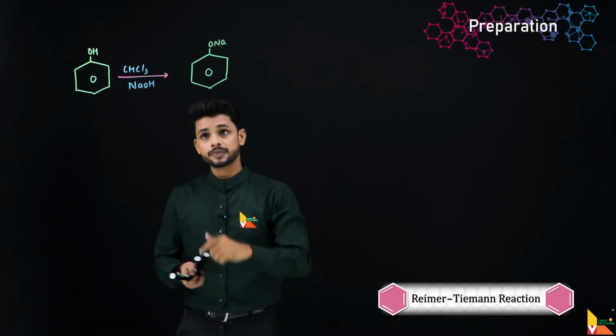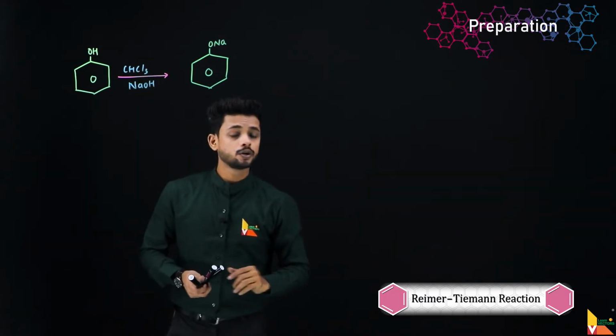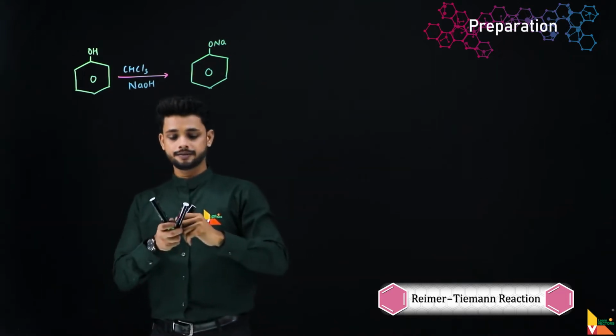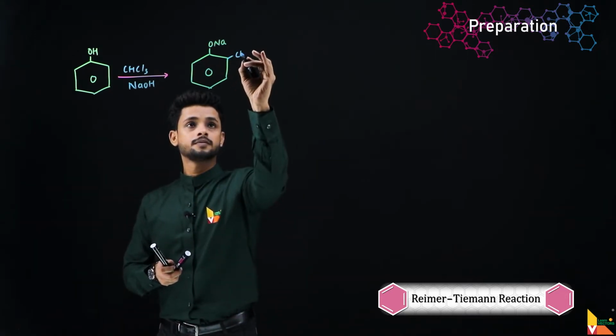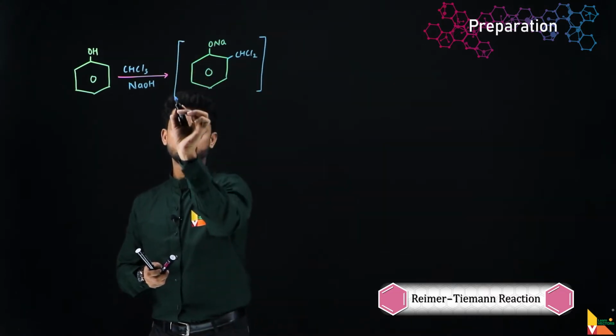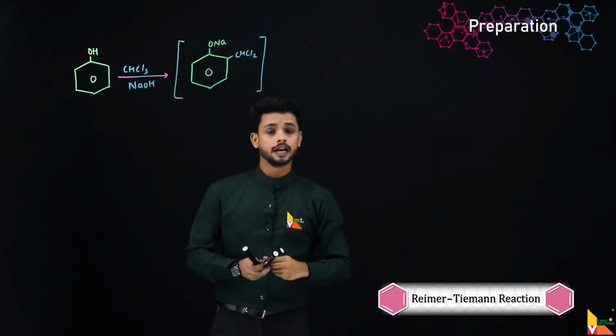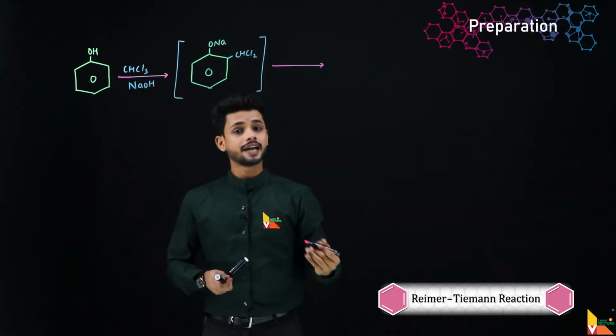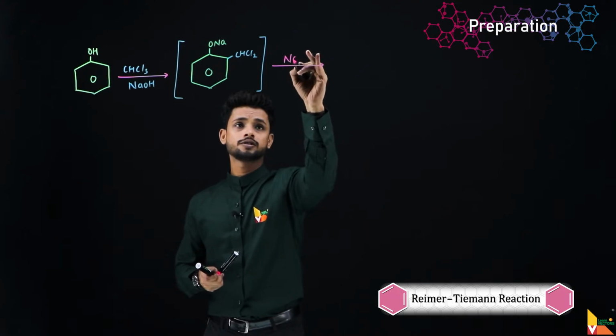Alright, now this chloroform, what it will do, it will get itself attached on the ortho position as CHCl2. Alright, we have this sort of complex. Now next, we will again react it with NaOH.